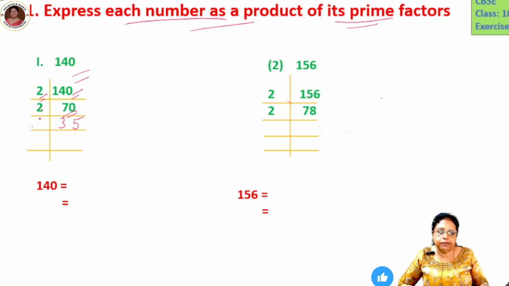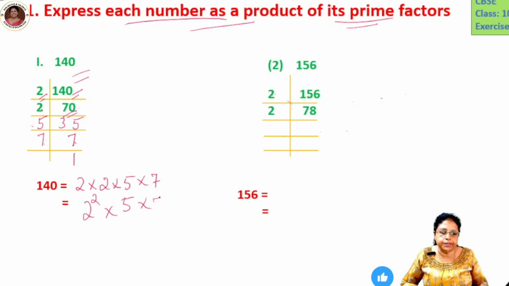Then you can divide it by 5. 35 divided by 5, you will get 7. 7 is a prime number. 7 divided by 7, you will get 1. You can write the factors like this: 2 times 2 times 5 times 7. Then you can write it as 2 square times 5 times 7. So this is the prime factorization of 140.